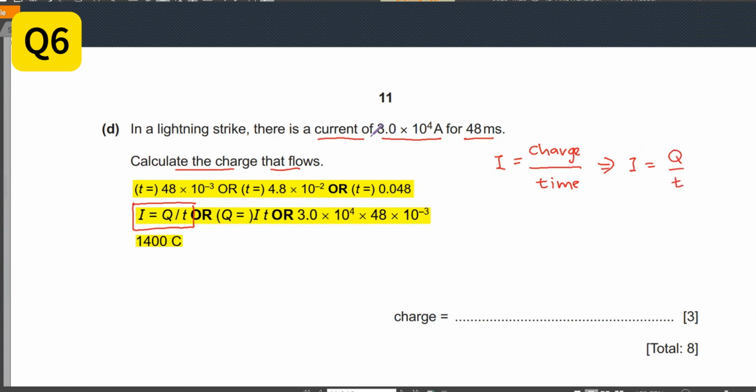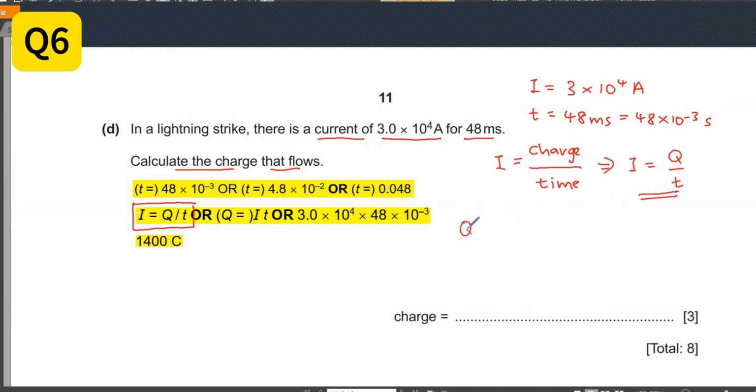Here we have the current I equals 3 times 10 to the power of 4 amperes, and time is 48 milliseconds. For this type of calculation, we need to convert everything to SI units. So 48 times 10 to the power of -3 seconds. Now we want to calculate the charge, the Q, so we rearrange this formula.